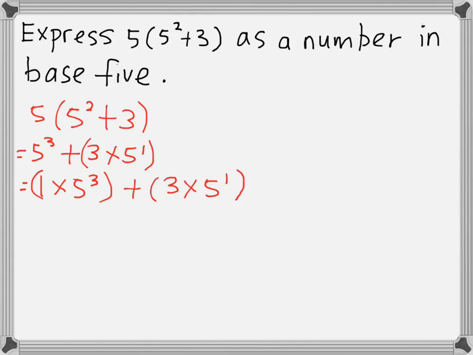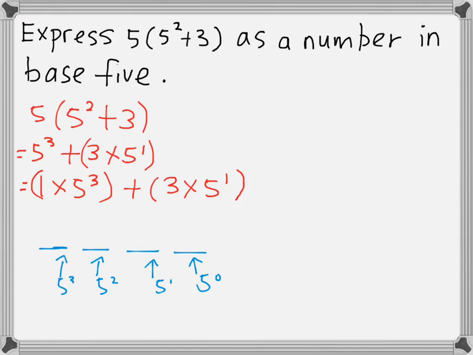From what we learned just now, you will see 5 to the power of 3 and 5 to the power of 1. What is the meaning? Because just now I said each position has its own value. Still remember what I mentioned? The first place is 5 to the power of 0, the second place is 5 to the power of 1, the third place is 5 to the power of 2, and the last place is 5 to the power of 3.